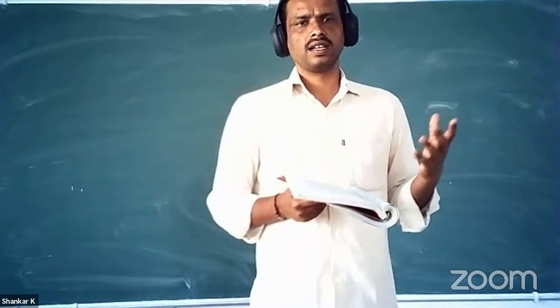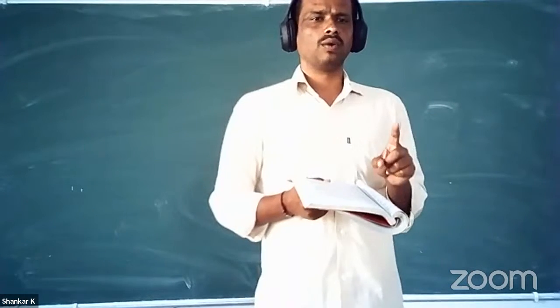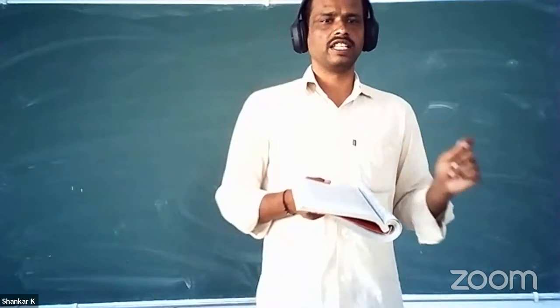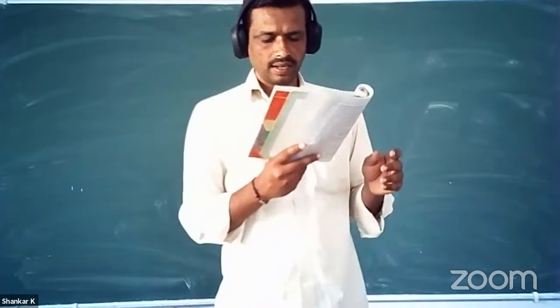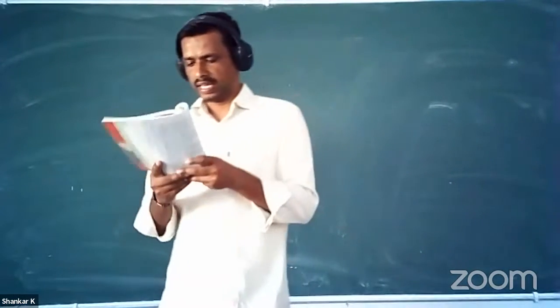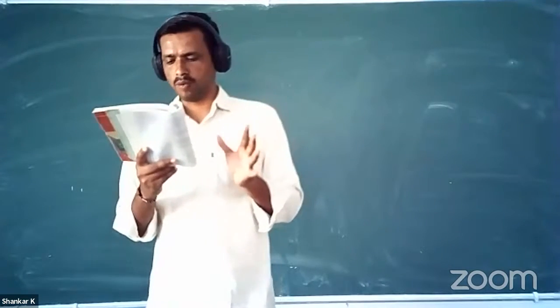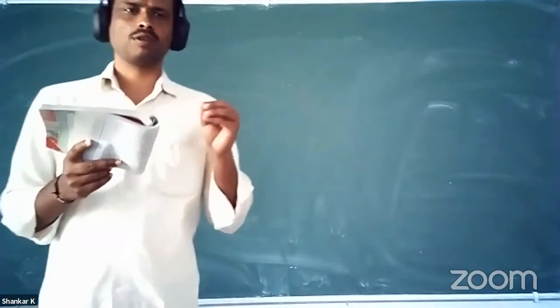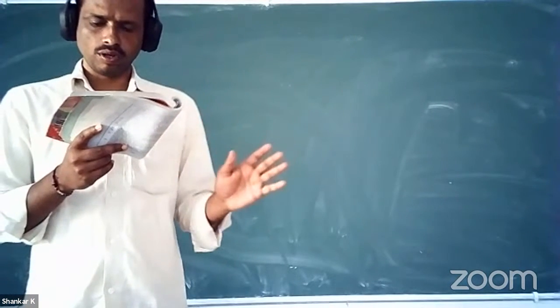Vikrant started noticing changes in himself, but the only thing that did not change was his parents. He was discouraged about that, and he came to Anuj and told him everything. Anuj said, don't think too much about the changes you are feeling.